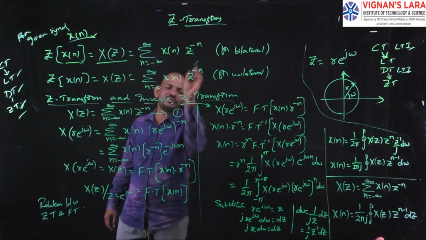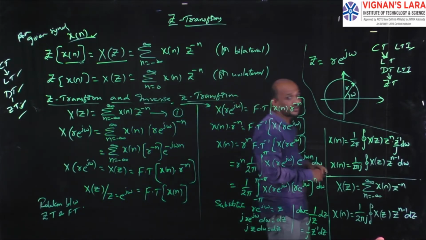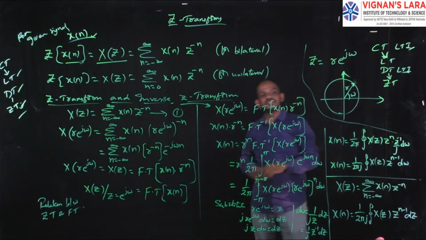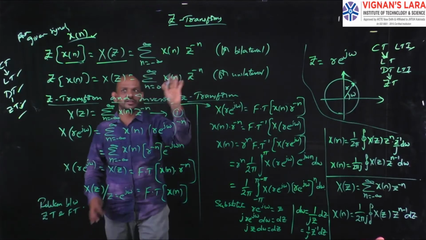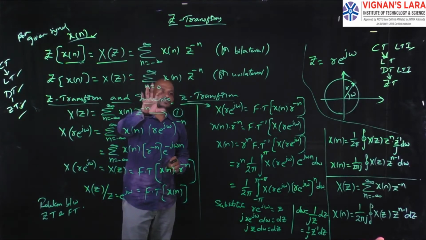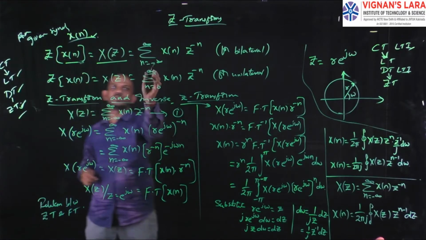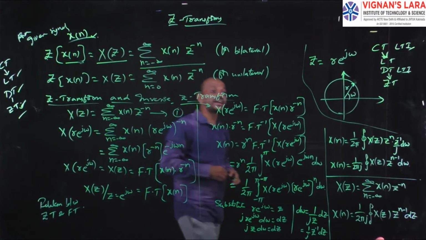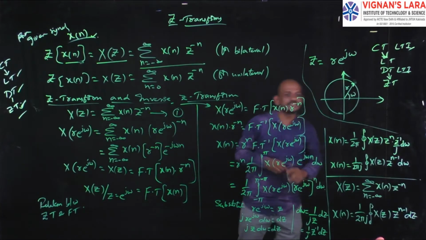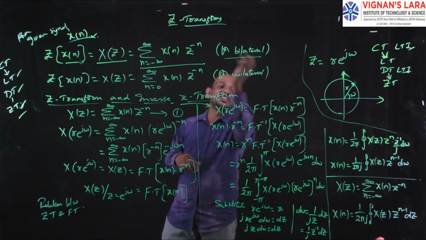In place of x of t we will have x of n, and here I will have z power minus n, where there we had e power minus st dt. There we have s, here we have z. So finally, the formula for finding the Z transform of a signal x of n is X of z equals summation n equal to minus infinity to infinity of x of n z to the power of minus n. This is the formula for the bilateral Z transform.